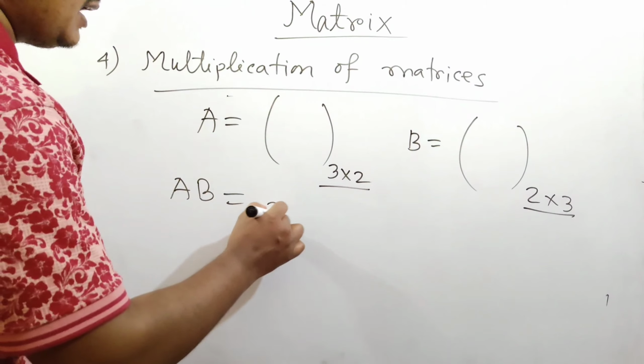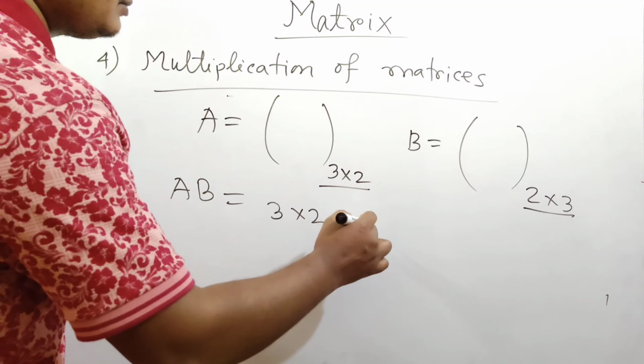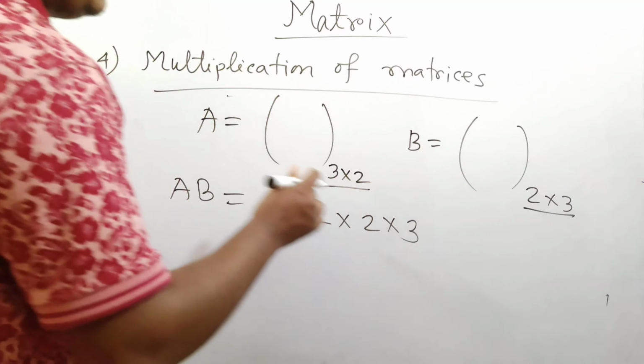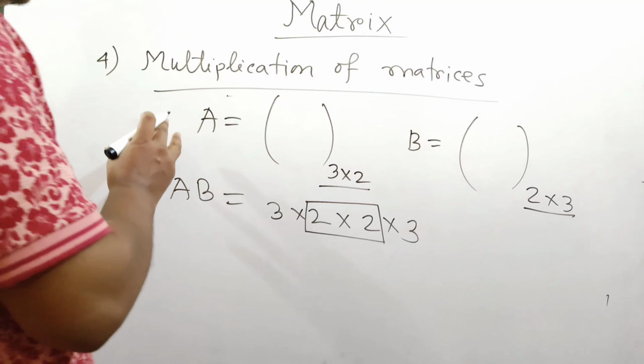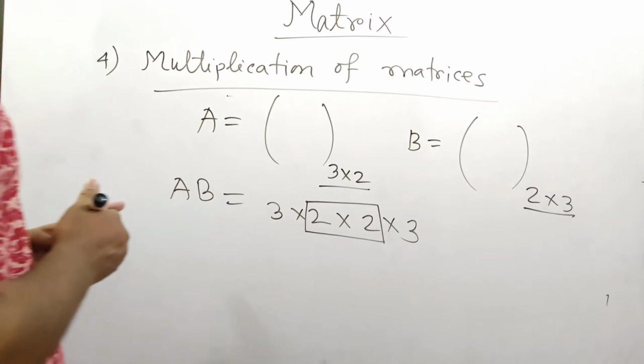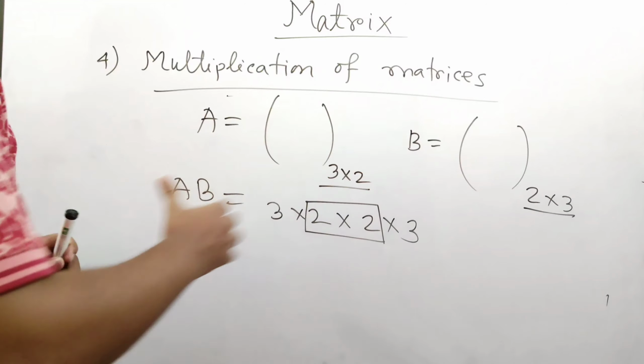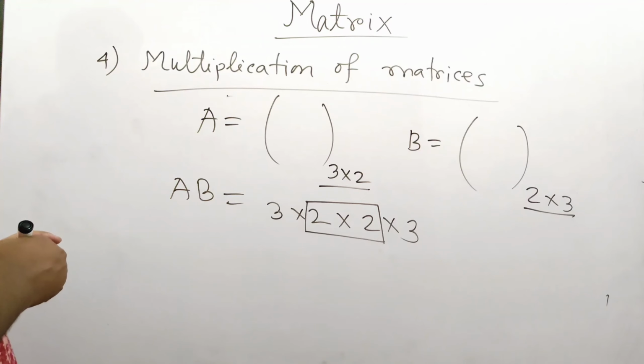If you multiply matrix A and B, you first write the order of these two matrices. If the inner numbers of the matrices are the same, that is 2 and 2, then you can multiply both matrices A and B. Otherwise it cannot be possible.